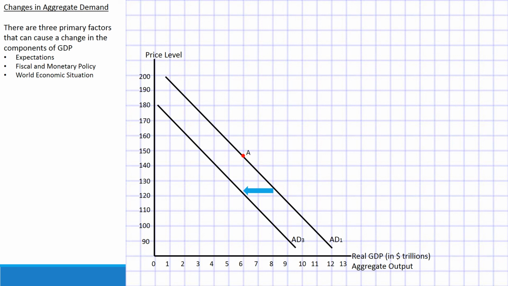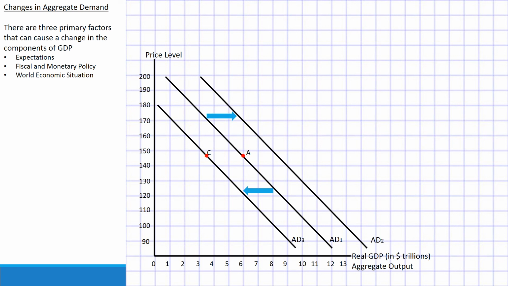So when we look at point A and moving across, looking at point C, notice, of course, what happens is that the price level does not change, and that's the key here. Whenever aggregate demand shifts to the left or to the right, the price level itself remains the same. It's just demand that's actually shifting.